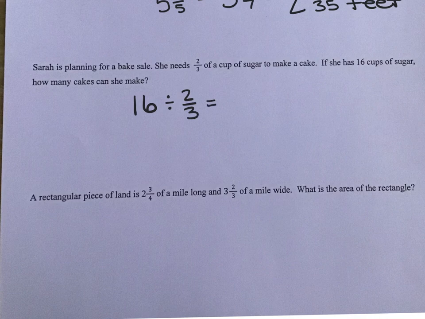So write this equation down, pause the video, plug it into your calculator, get your answer, and then unpause the video and see if your answer matches mine. I got 24 cakes that she can make.